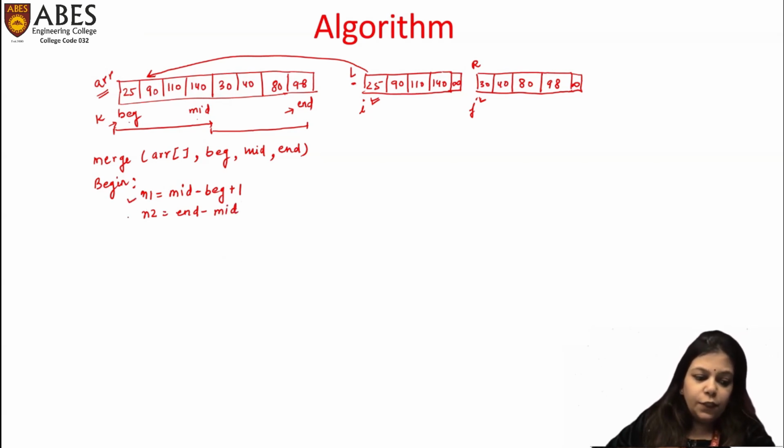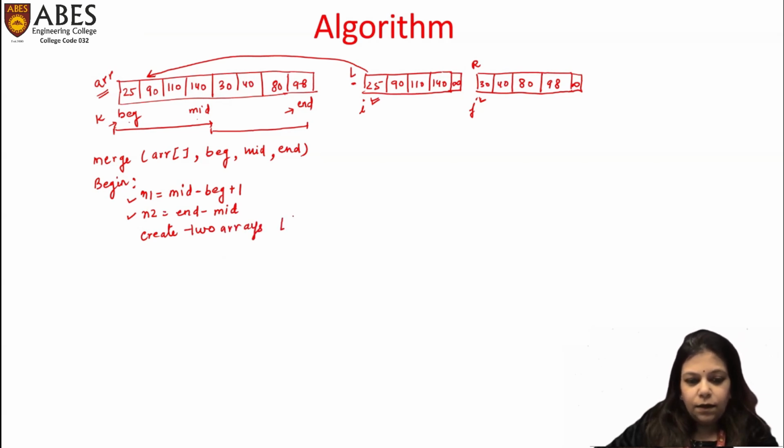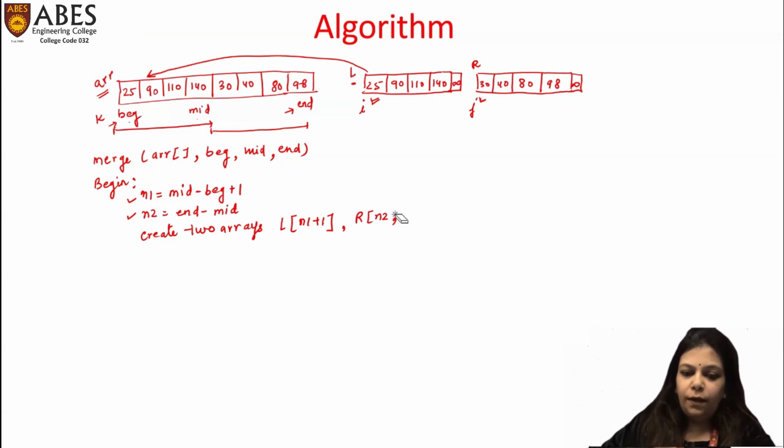Now, with the help of these two numbers, we will create two arrays with the names L and R. L will be declared with size N1 plus 1 and R will be declared with size N2 plus 1.